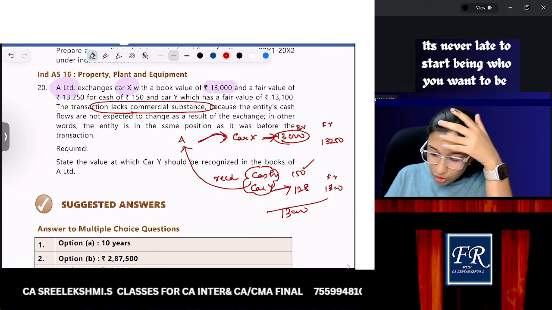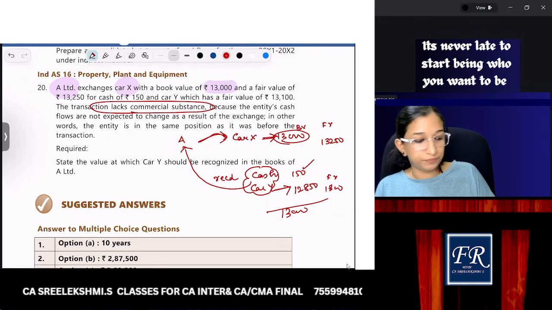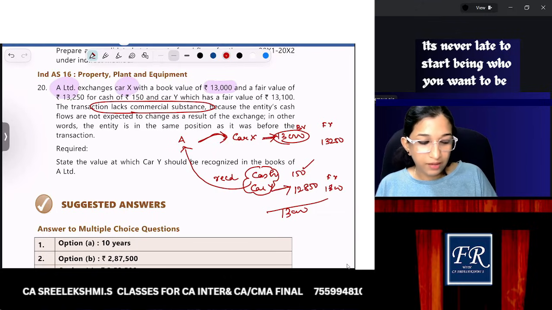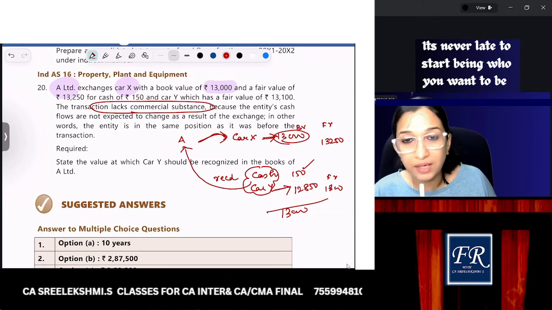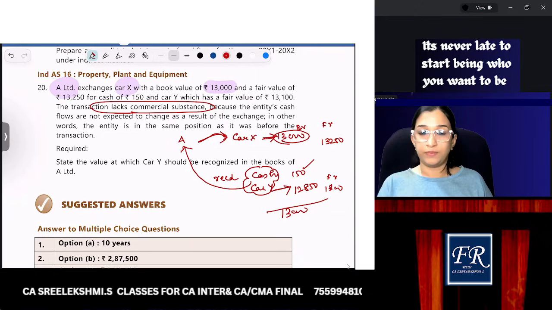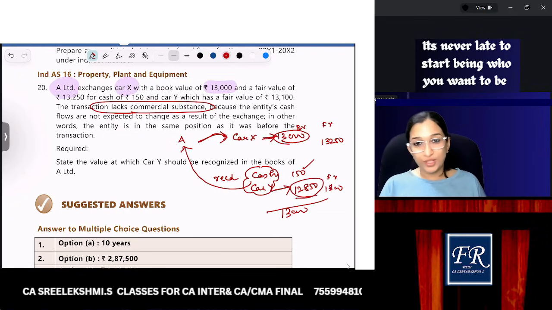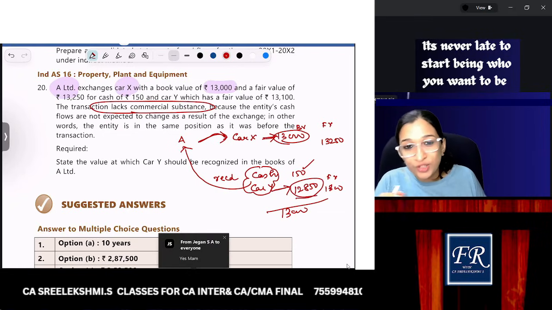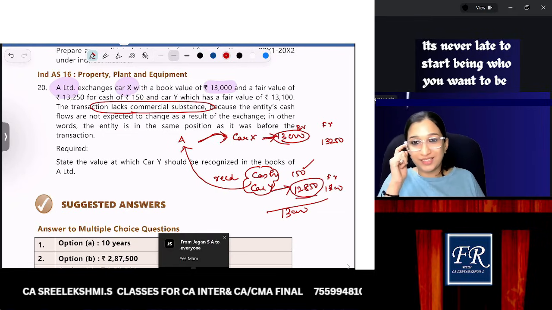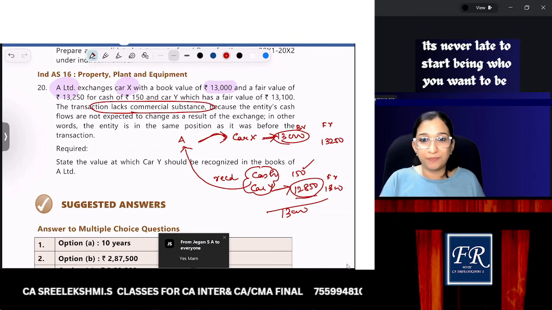Car Y should be 12,850. Is that okay? A basic intermediate level question. Why I'm telling intermediate level is it's already there in the intermediate study material. That's why 12,850.